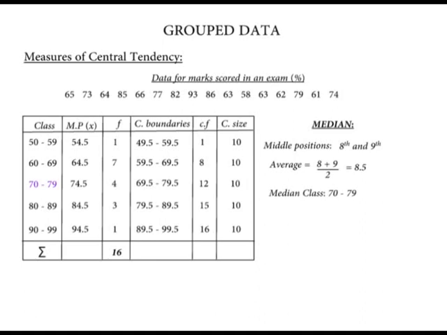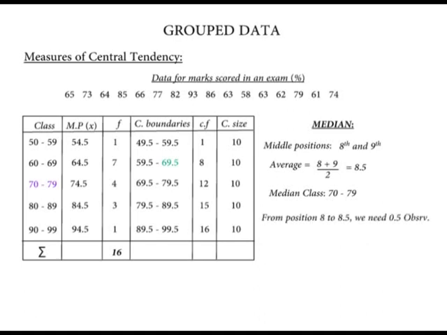We take the upper class boundary of the class immediately behind the median class. In this case, we will take 69.5. In other words, we are saying up to the 8th observation, we have 69.5. But then the midpoint is at position 8.5. We still need 0.5 observations.